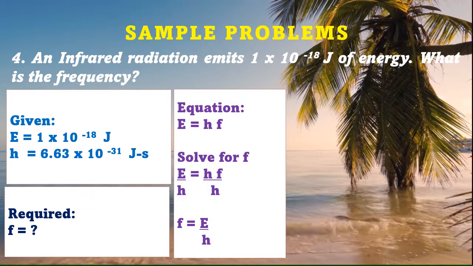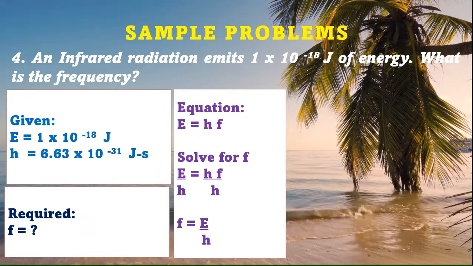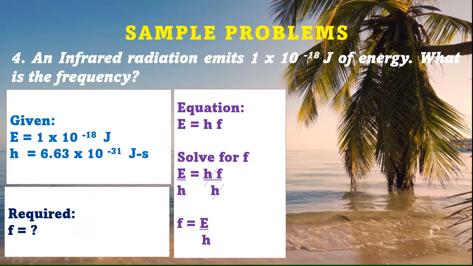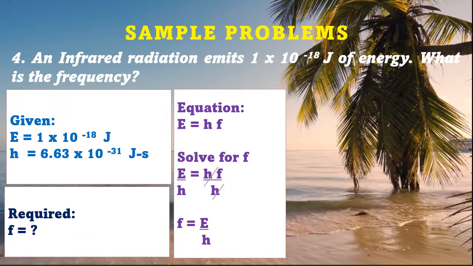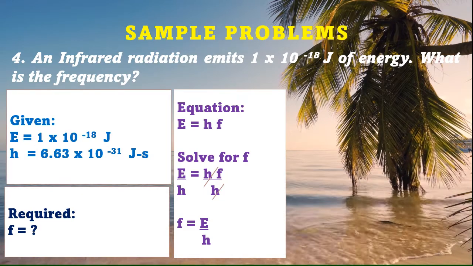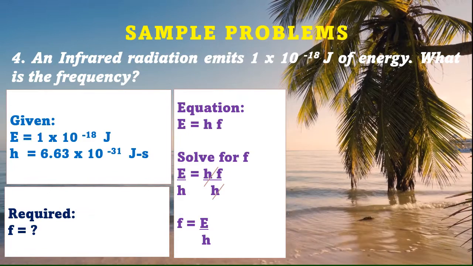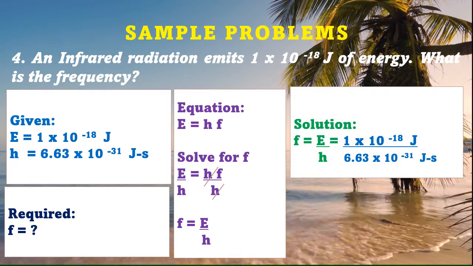Based on the original equation, E is equal to h times f, we can solve for f by dividing both sides by h. We can cancel h from the other side of the equation. We now have the formula f is equal to E divided by h. We can now solve. Substitute the values.